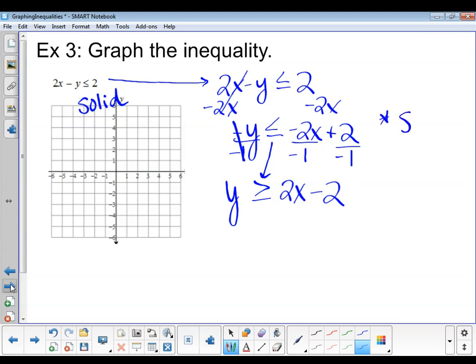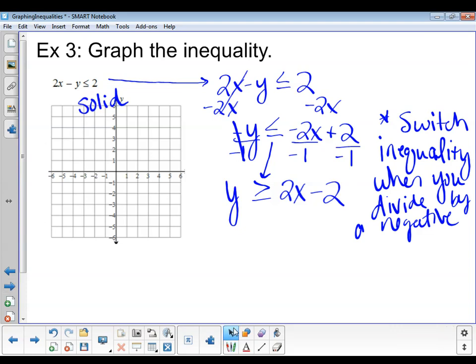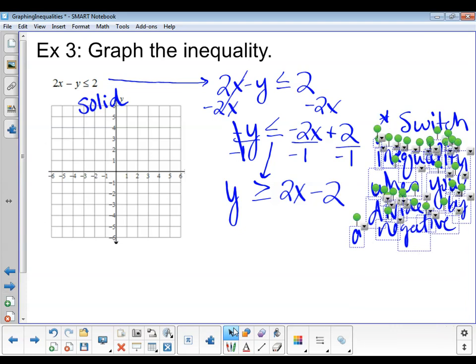So again, we switch the inequality when you divide by a negative. Hopefully you can see all of that. Switch the inequality whenever you divide by a negative.